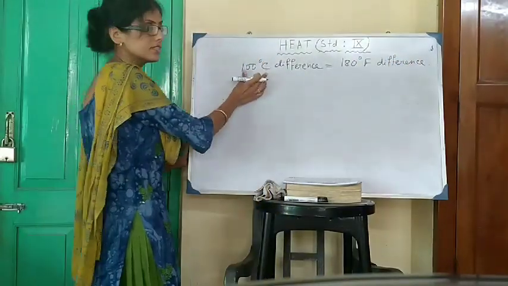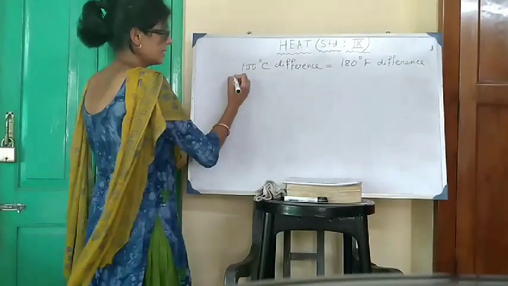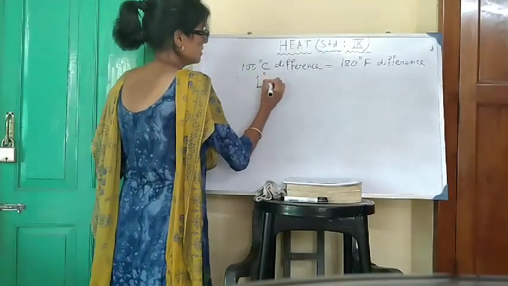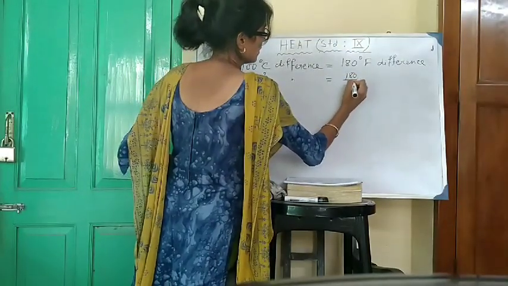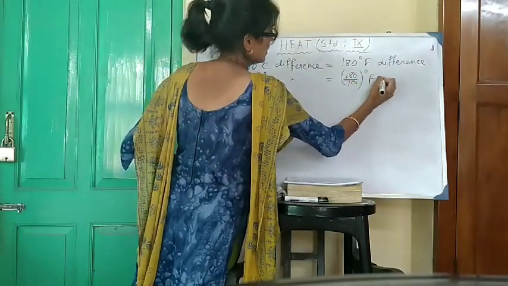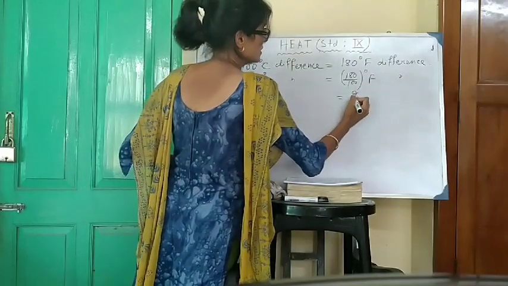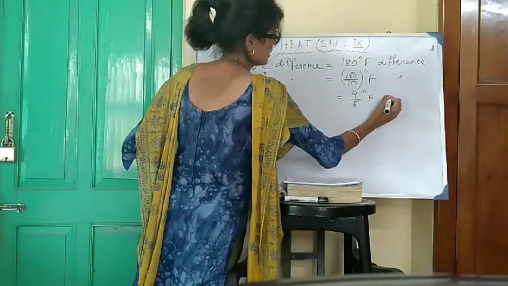Fundamental interval in Celsius scale, fundamental interval in Fahrenheit scale. So unitary method, 1 degree Celsius difference is equal to 180 by 100 degree Fahrenheit difference. After simplification, 9 by 5 degree Fahrenheit difference.